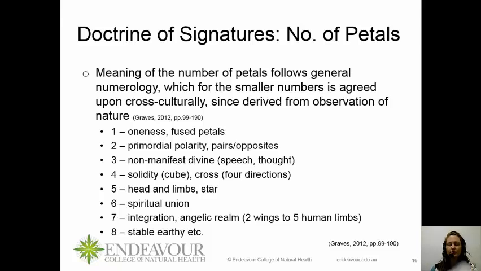Number of petals. Numerology is an interesting one. Again, it tends to be culturally specific. There are some commonalities though, and this is by Julia Graves, who wrote a great book on the Doctrine of Signatures, a relatively recent book that you should be able to find in your library.